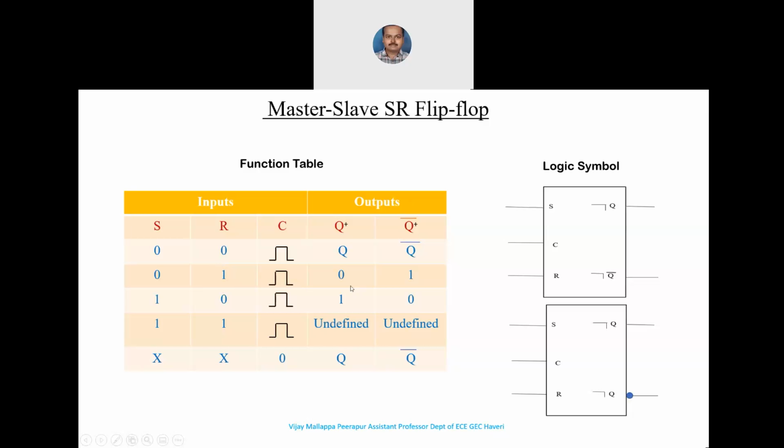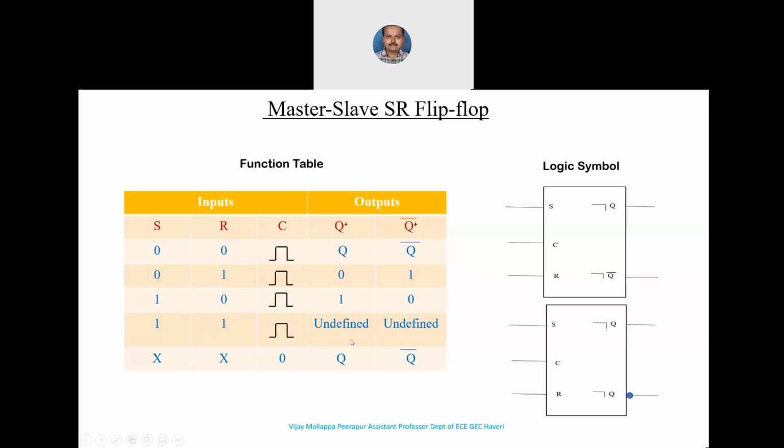Reset state means the output is equal to 0, irrespective of the previous state. Next, when S is 1 and R is 0 and the clock input is applied, irrespective of the previous state, the output will always be logic high.